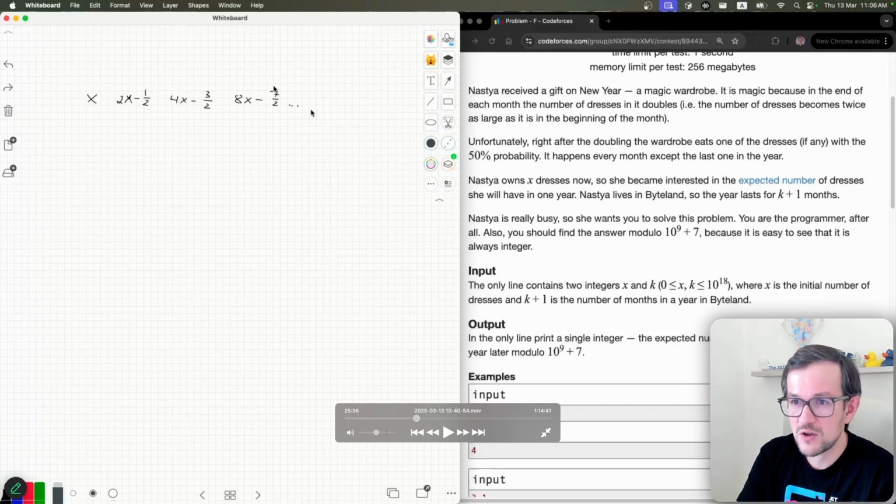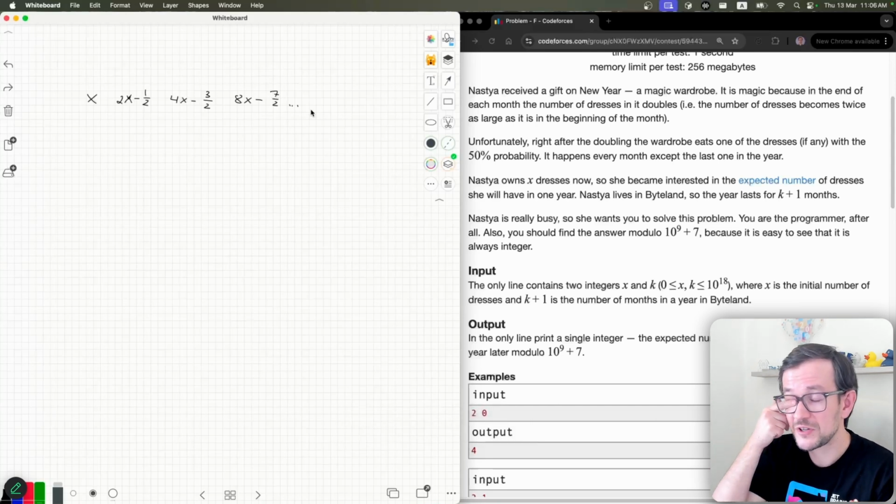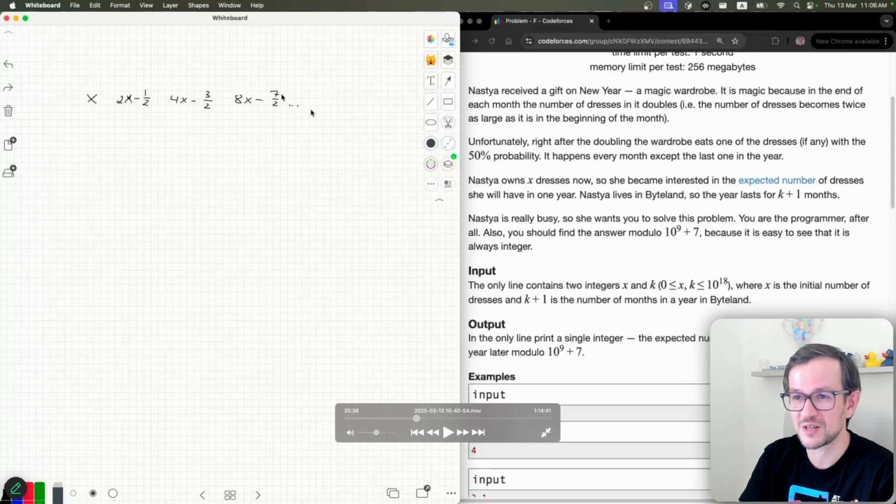Every day your formula is some power of 2 multiplied by x, minus, and here you have some power of 2 minus 1. Here's the sequence: 0, 1, 3, 7. It's a power of 2 minus 1. If it's not clear, you can continue the sequence and write some more terms.